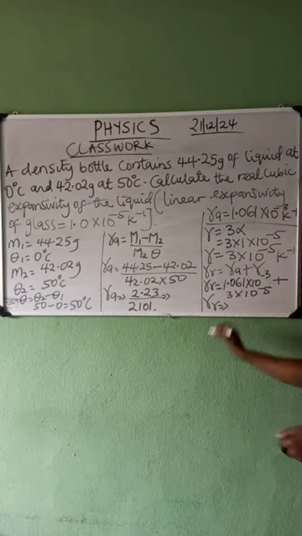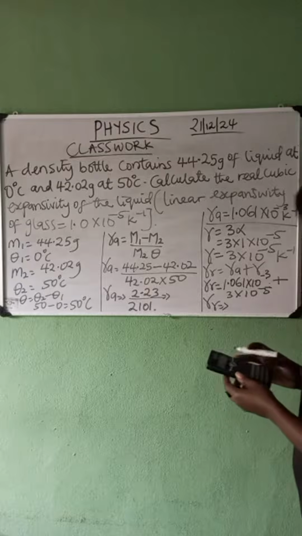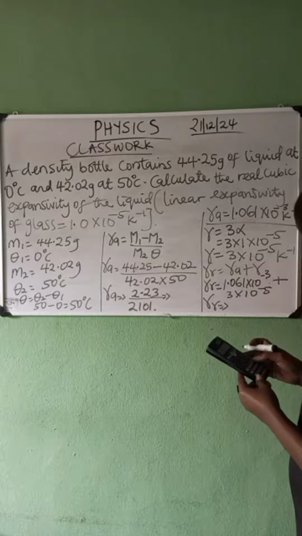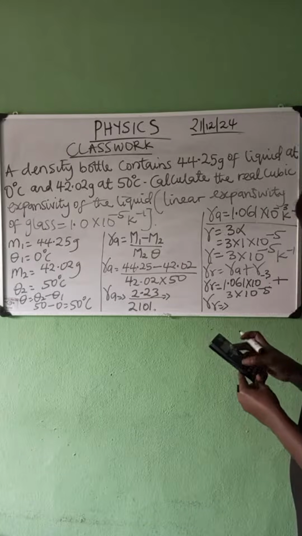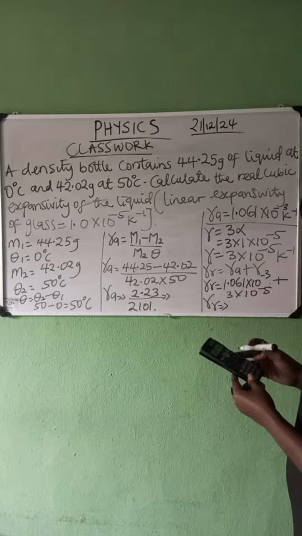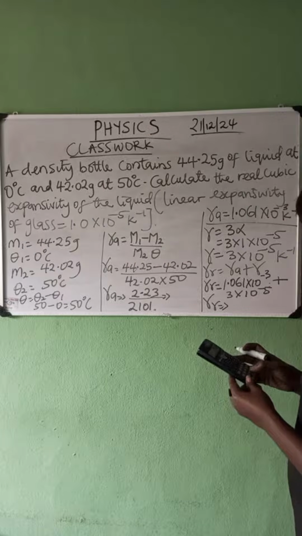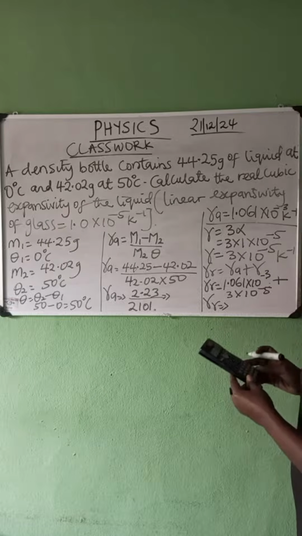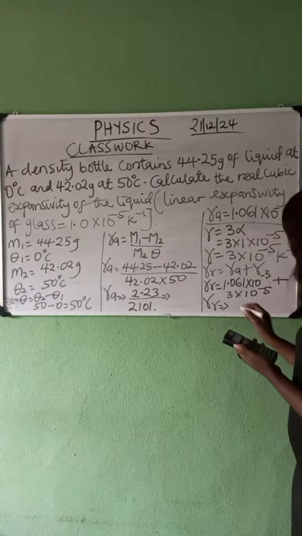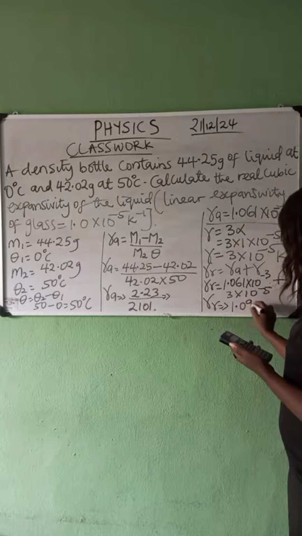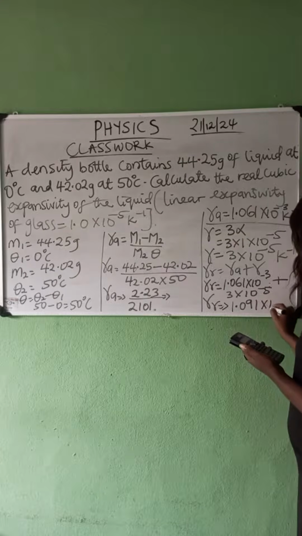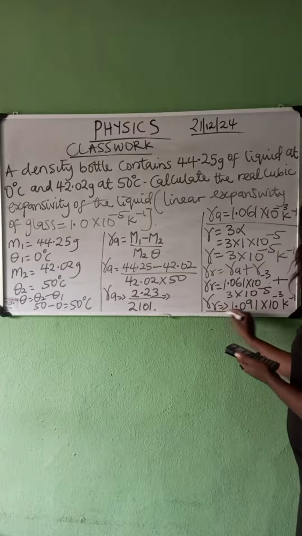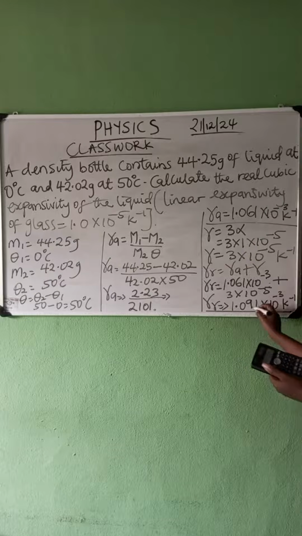And my answer is equal to, let's just add it together, 1.06 exponent minus 3, plus 0.03 exponent minus 3. And the answer is equal to 1.091 times 10 to the power minus 3 per Kelvin. And this is our final answer.